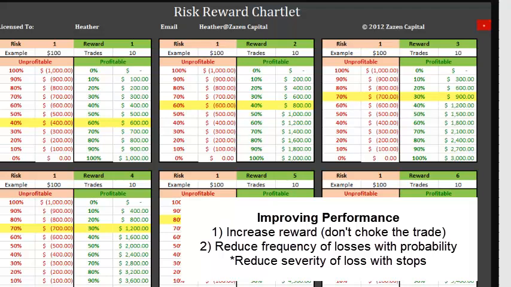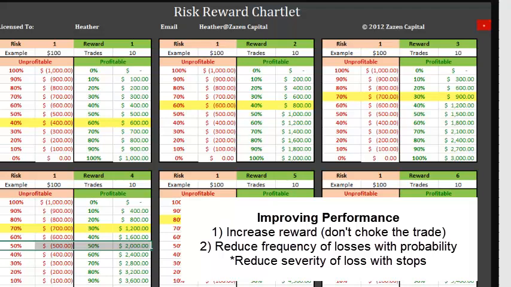So in this example, if you had a 50% win rate with a reward of 3, just bumping up your reward by not choking the trade to an average reward ratio of 4, you would go from a $1,000 profit over a series of 10 trades, risking $100 per trade, up to $1,500. That's a very significant increase, especially over many, many trades.